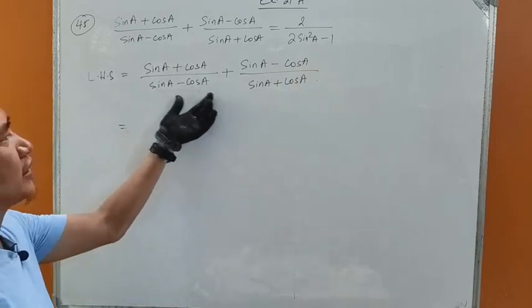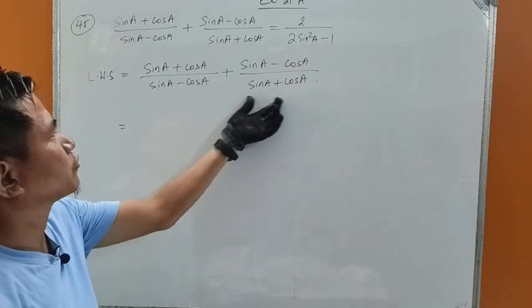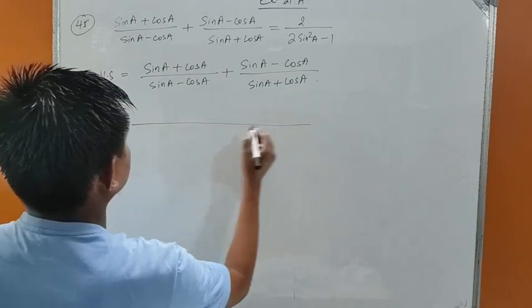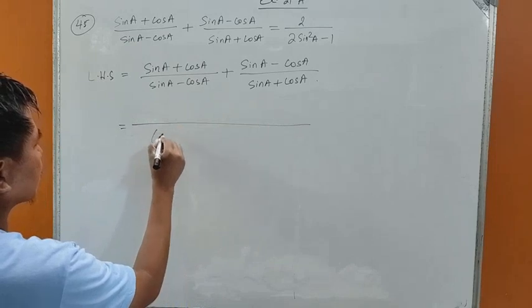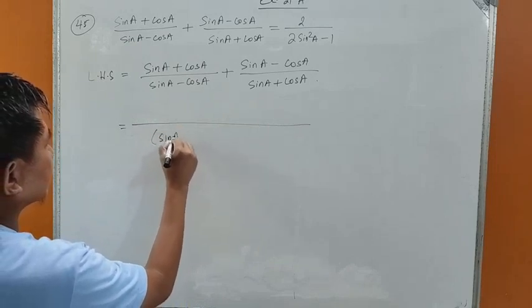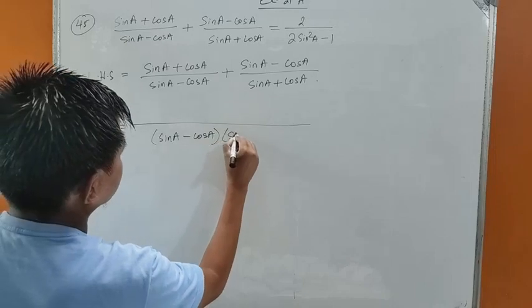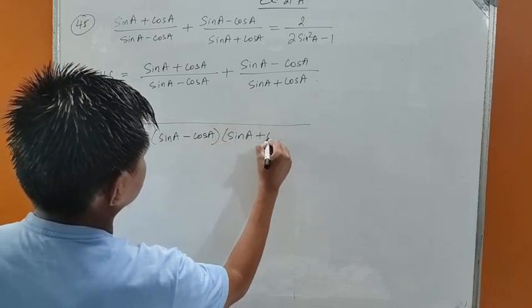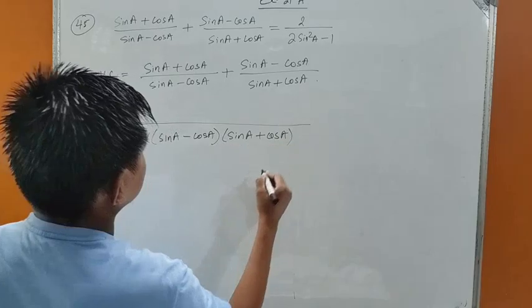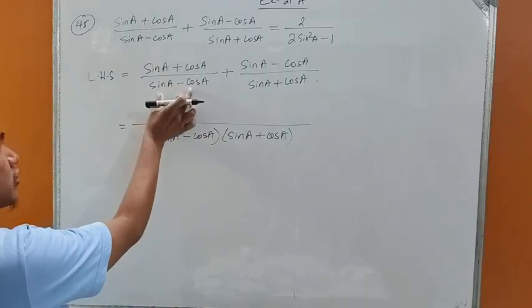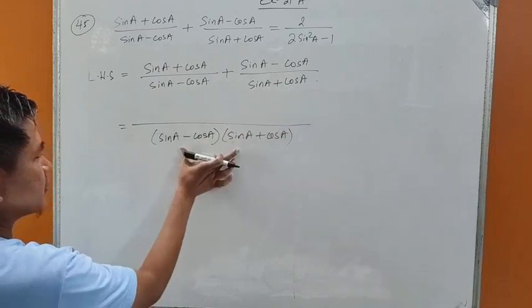So let us take the LCM of the denominators. These two are totally different because they have different signs in between them. So the LCM will be the product of these two, sin A minus cos A into sin A plus cos A. Sin A minus cos A into sin A plus cos A gives this whole thing.